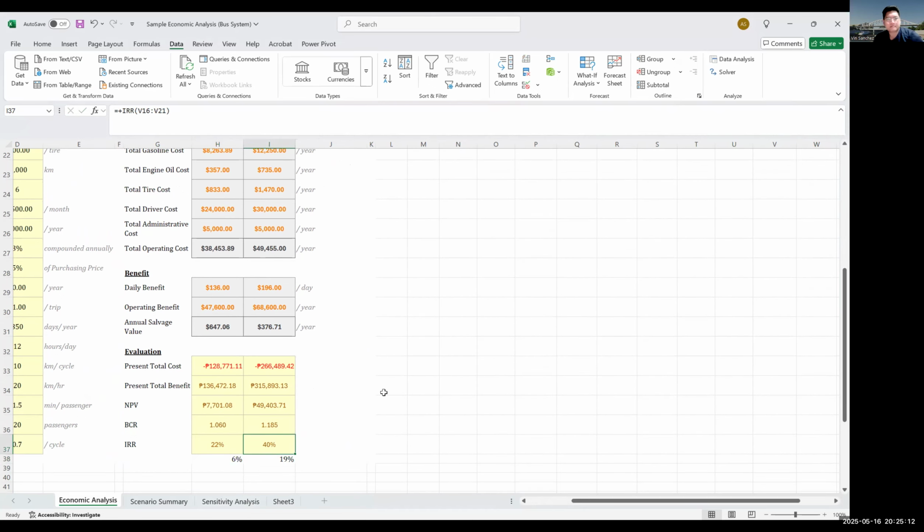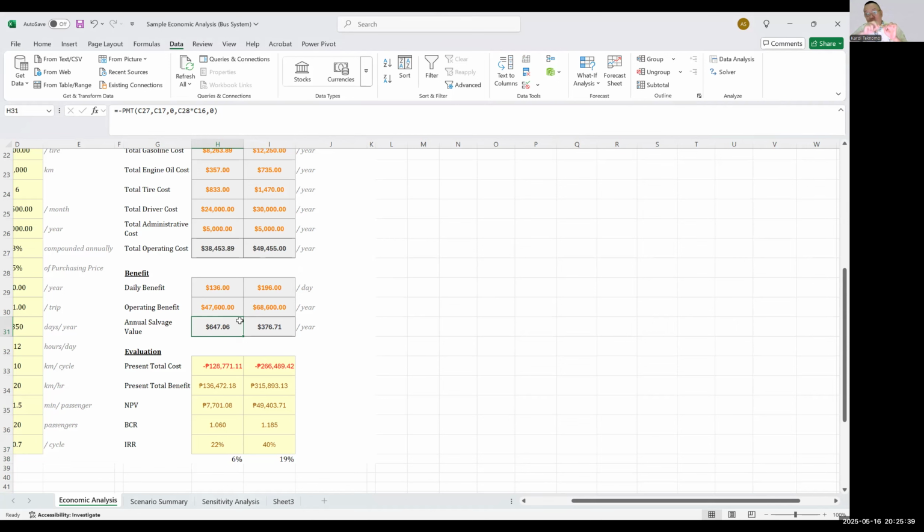What I find interesting actually, sir, is this one. You do the annuity for the salvage value instead of putting it on the last year. I forgot this part. Yeah, it's a PMT, an annual value, because of the salvage.